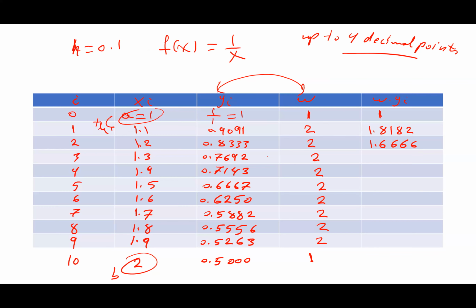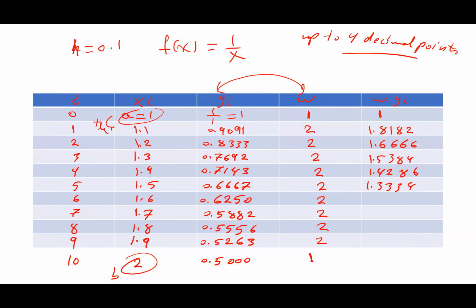Next one, 2 multiplied by 0.7692 will be 1.5384. Next one will be 1.4286. Next one will be 1.3334.